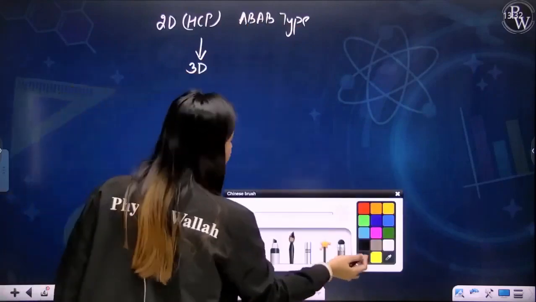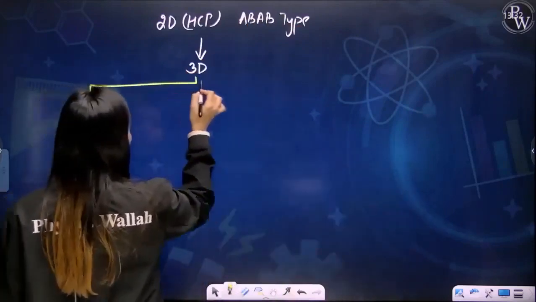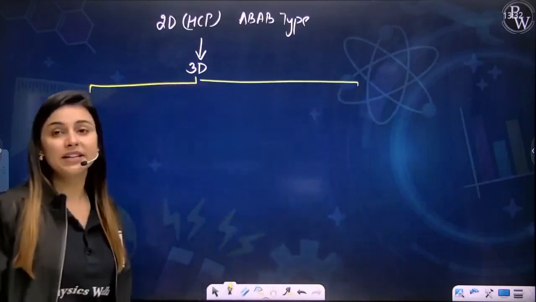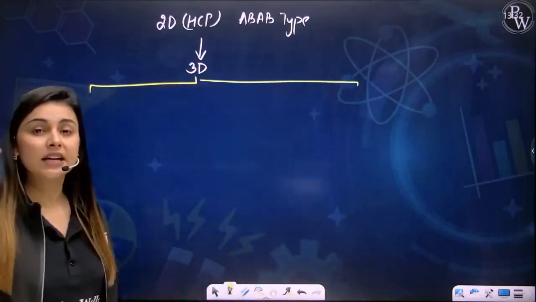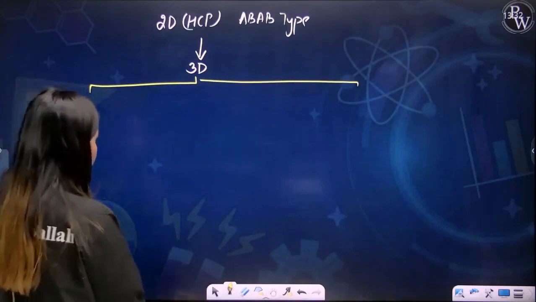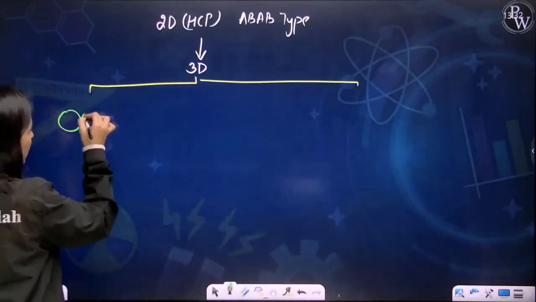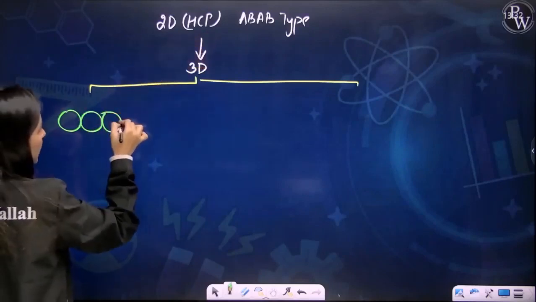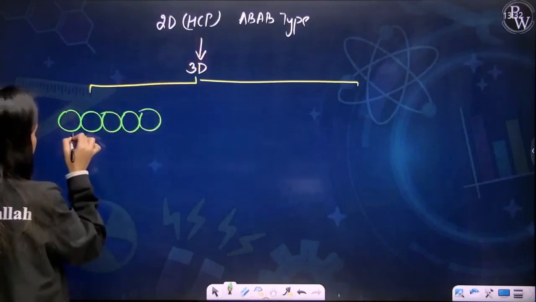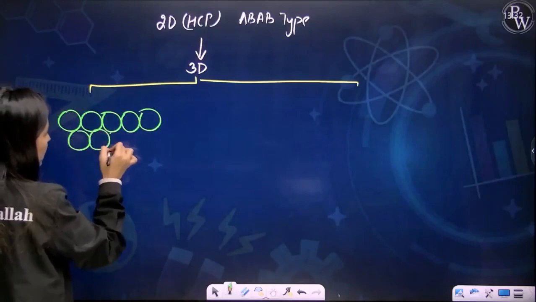Now when you move it to the 3-dimensional layering, again you will have 2 different criteria. What are those criteria? Again, we will make the first layer. Now this would be an AB type of layering, right? So this would be something like this.